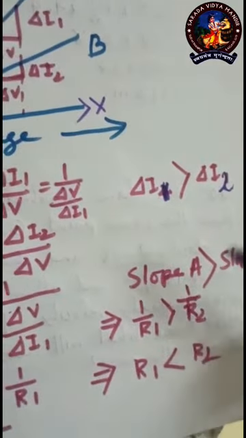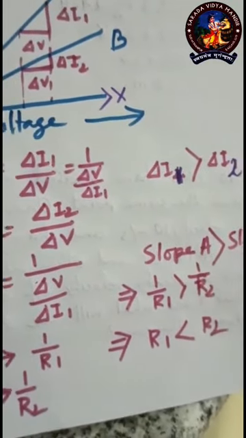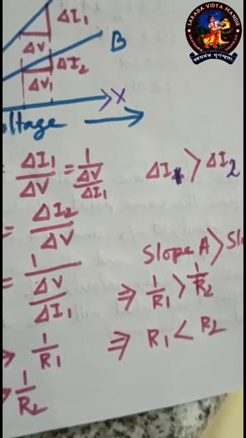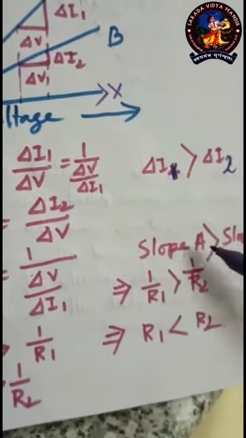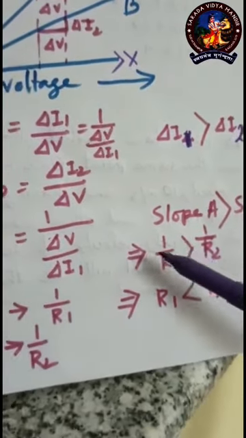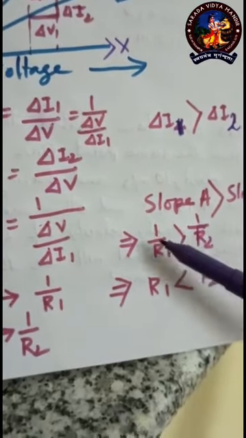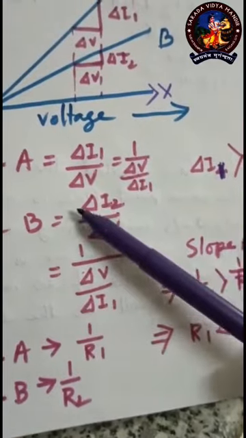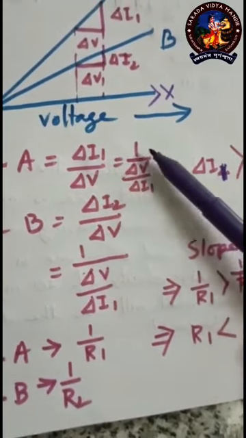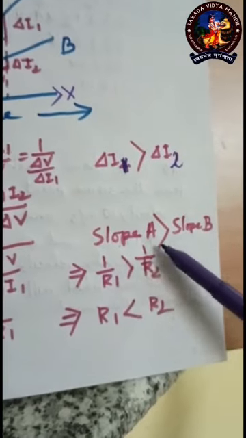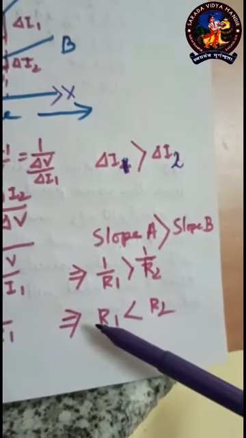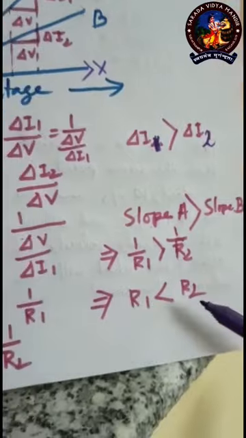Now slope A is more than slope B. It is very clear that perpendicular by base, slope A is more than slope B. So 1 by R1, why is it 1 by R1? Because we already got that slope means 1 by R. So 1 by R1 is greater than 1 by R2, or R1 is less than R2.